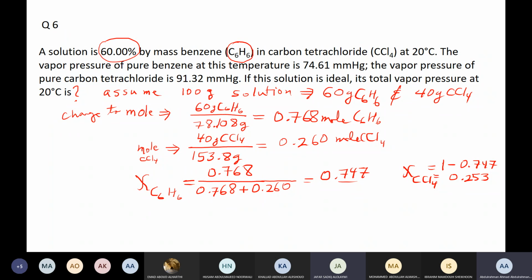Fantastic. So what's the pressure of the gas? The total pressure, PT, equals what?